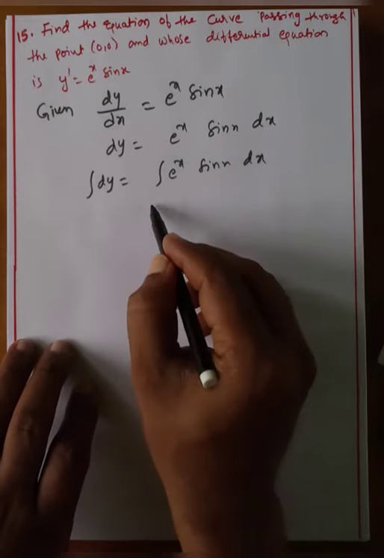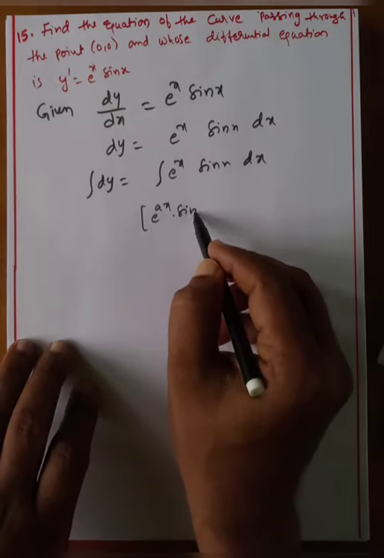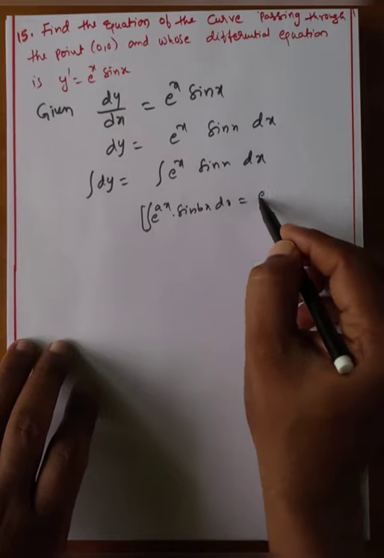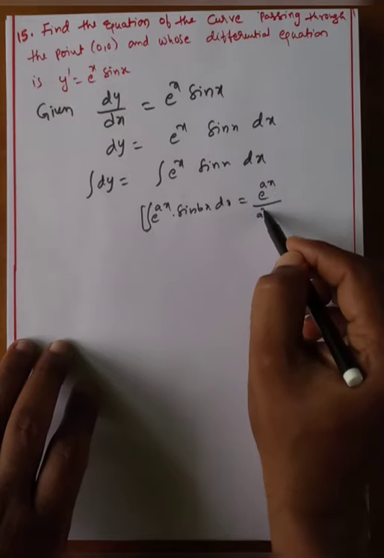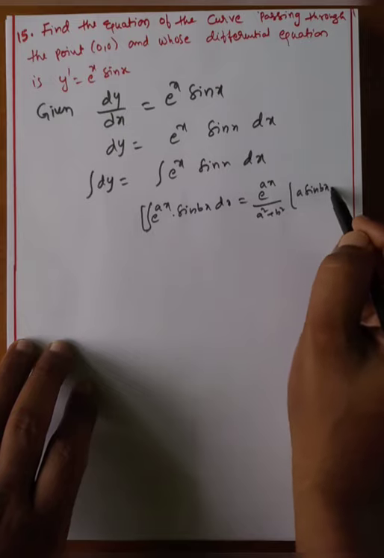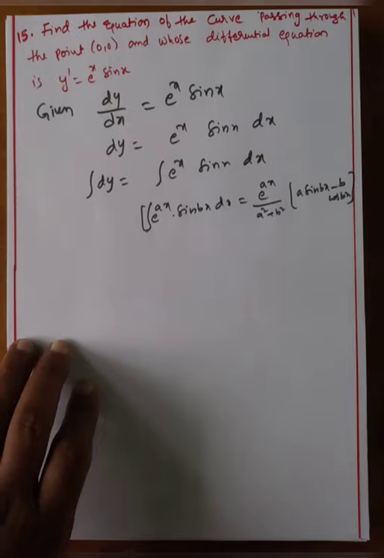You know the formula, I already explained this one: integral of e power ax into sin bx dx is e power ax by a square plus b square into a sin bx minus b cos bx. I explained this formula, my dear students.